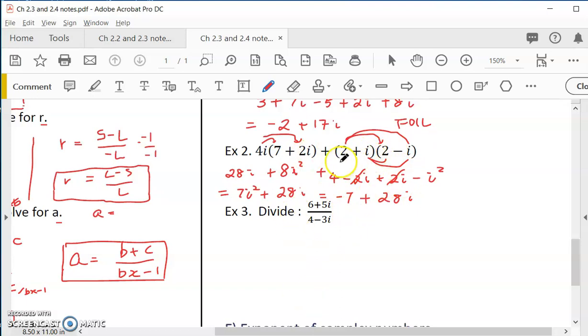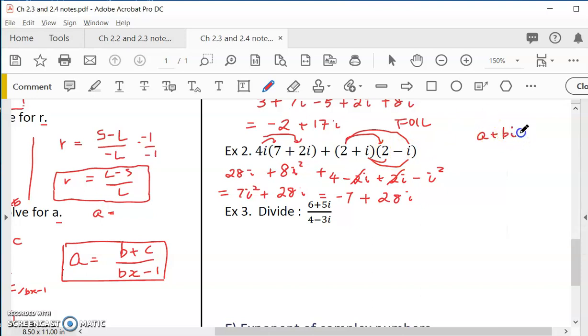And I wanted to bring your attention to 2 plus i, 2 minus i. They are a real and imaginary and a real and imaginary, and these two numbers are related in that they are called complex conjugates. One is add, one is subtract. So complex conjugate are a plus bi.